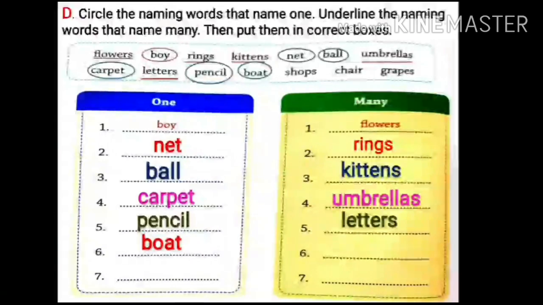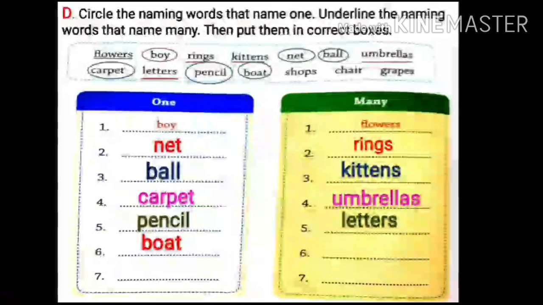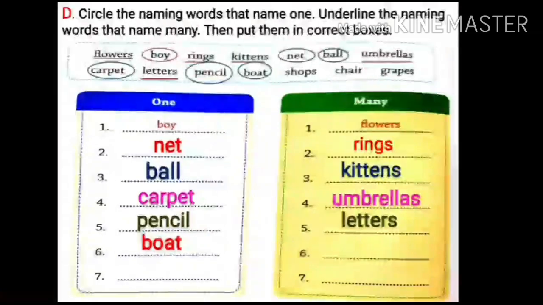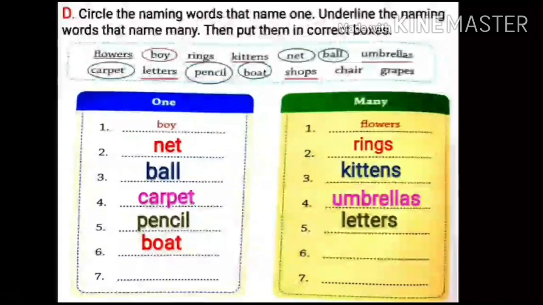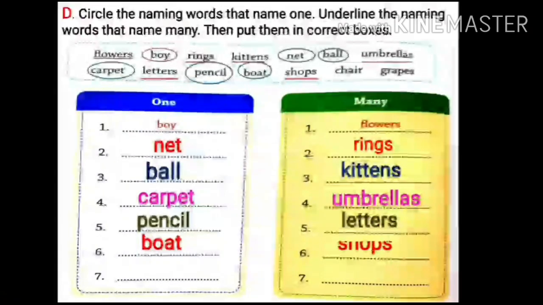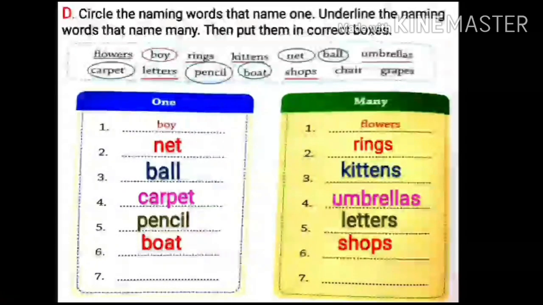Next is shops. Shops means many shops. So you are going to underline this and write it down under many. S-H-O-P-S, shops. The next word is chair. Only one chair.